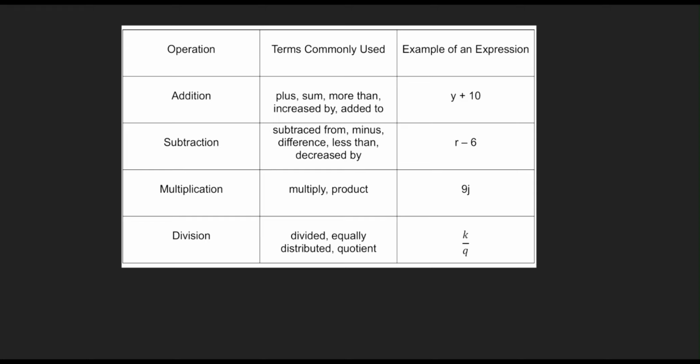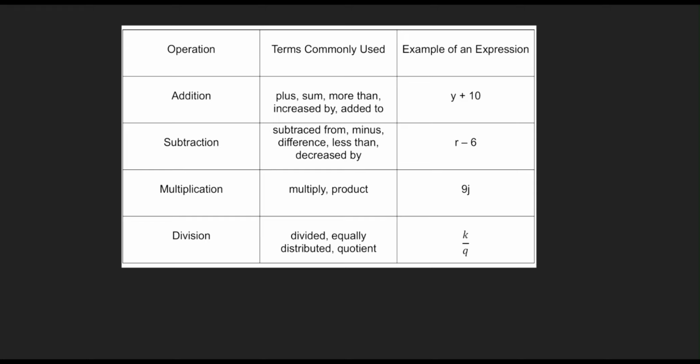But this list is not exhaustive. There might be other words which I may not have included here. So this will give you an idea that, oh, okay, other words or phrases are used to let you know what would be the operation for that algebraic expression. So I've also given you an example. In this case it is y plus 10.